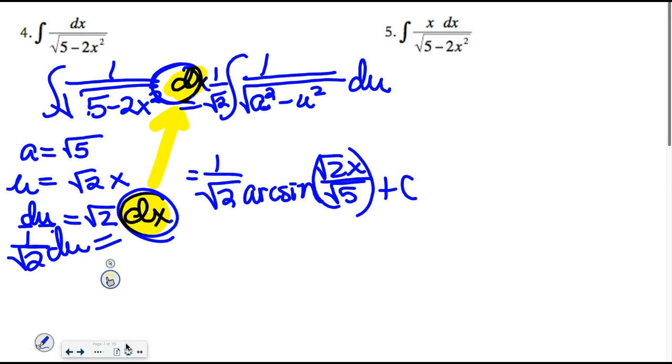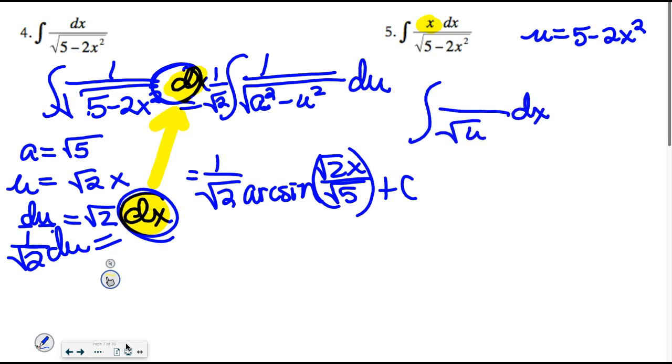Now this one looks really similar, but now look, it is Pythagorean in the denominator. But this actually, although you might go arcsine, no, this is u sub. And watch the difference. Now when u is the inside function, I now have a root u, put the dx over here, right?